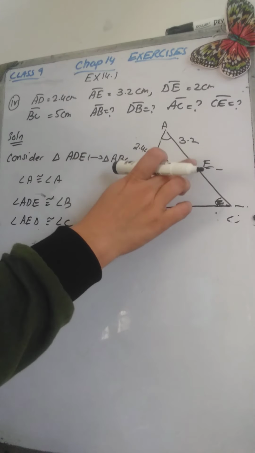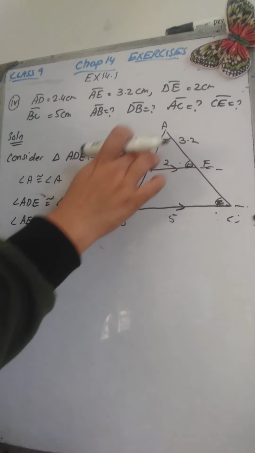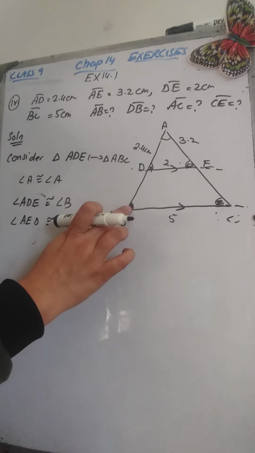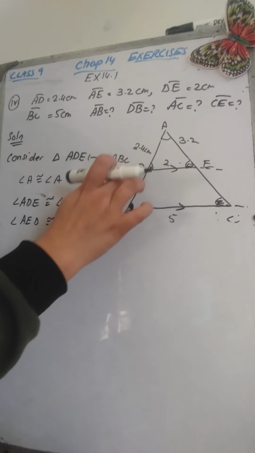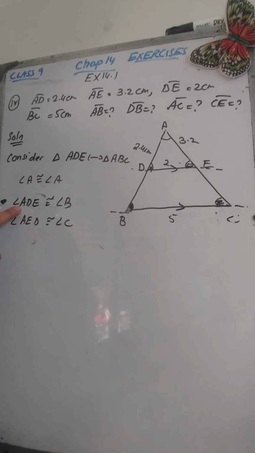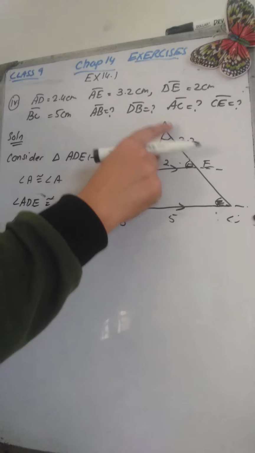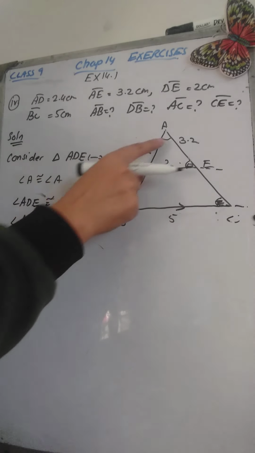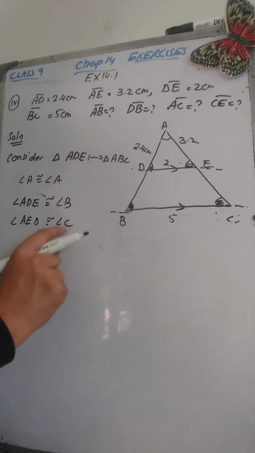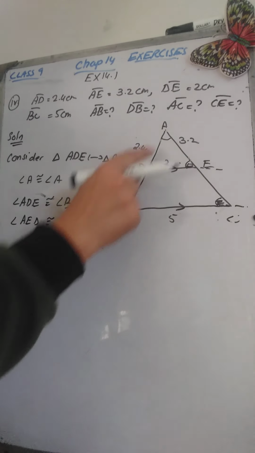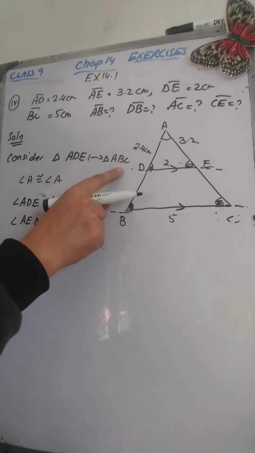So all three angles of triangle ADE are congruent to the three angles of triangle ABC. Angle A, angle ADE, and angle AED are the three angles of triangle ADE, and angle A, angle B, and angle C are the three angles of triangle ABC.